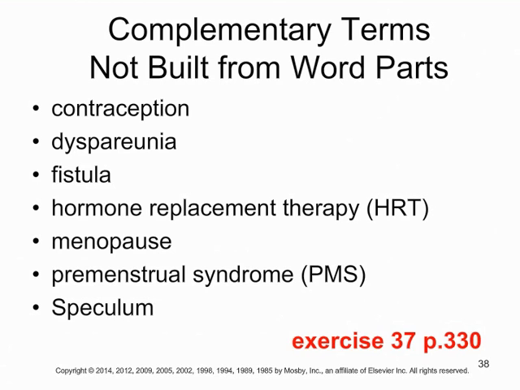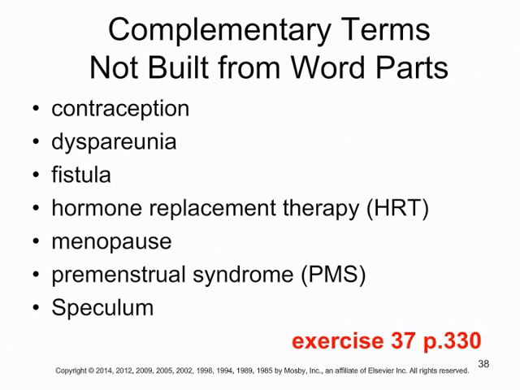A fistula, I mentioned previously, is anywhere there is an opening between two areas that should not have an opening. So we talked about one between the bladder and the vagina, but it could be in different areas of the body as well. Hormone replacement therapy, or HRT, is where you start taking artificial hormones to replace ones that your body is no longer producing, such as estrogen or progesterone during menopause, which is the next word.